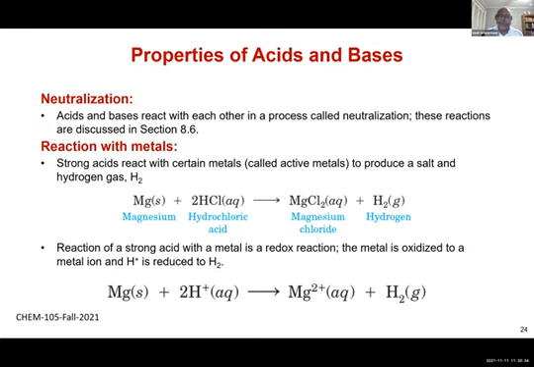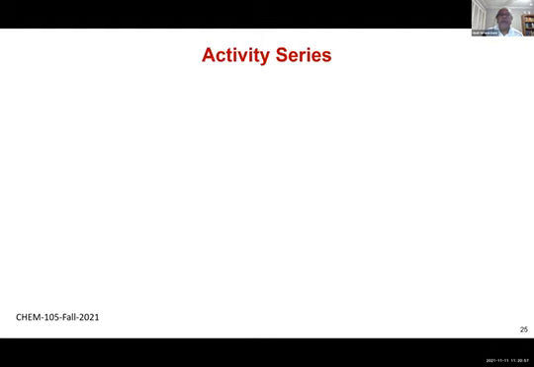Two electrons are transferred. Reactions with metals produce an activity series for metals in their reaction with strong acids. The activity series is given here.